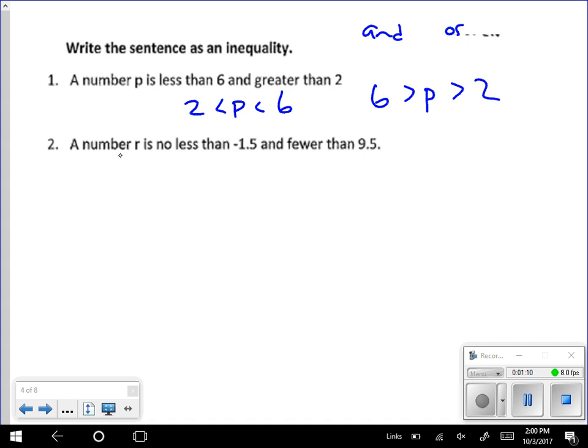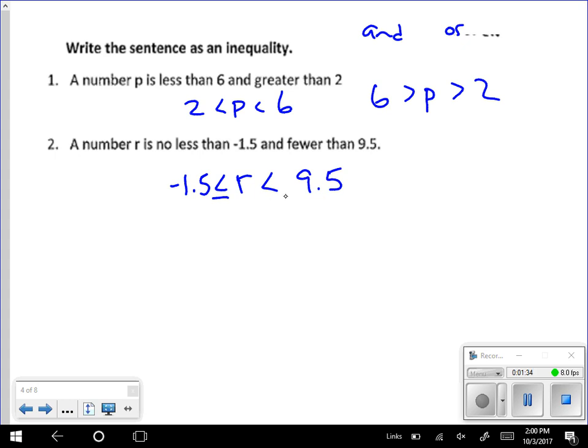This one says the number r is no less than negative 1.5 and fewer than 9.5. So r is our number here. It says no less than, so it's going to be greater than or equal to negative 1.5. But it's fewer than, less than 9.5.